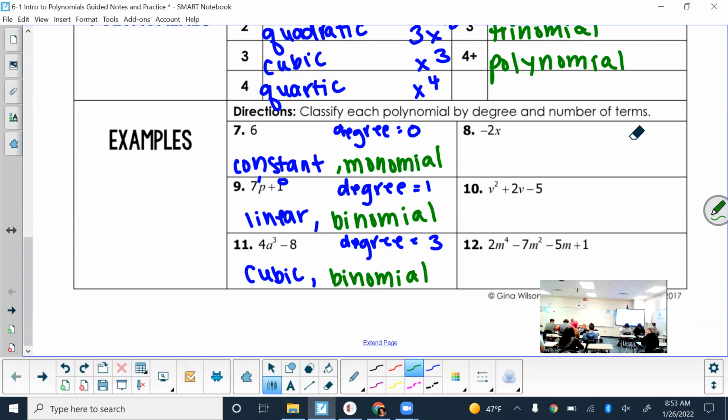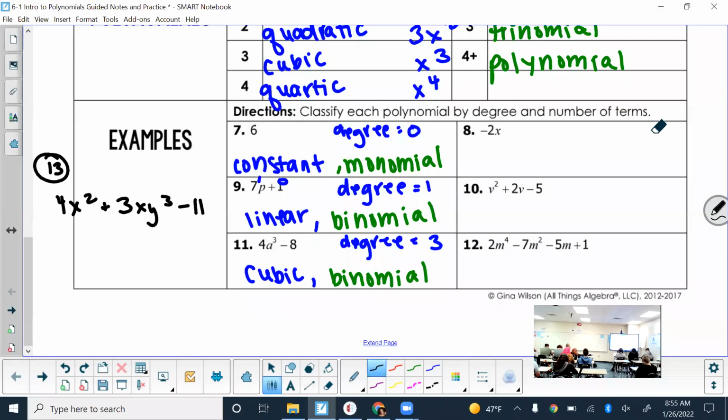All right, you guys try 8, 10, and 12. All right, so what's the overall degree on number 8? What's the exponent on this x?